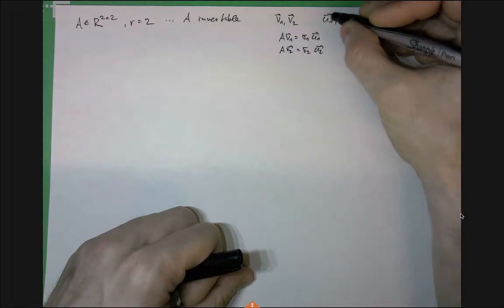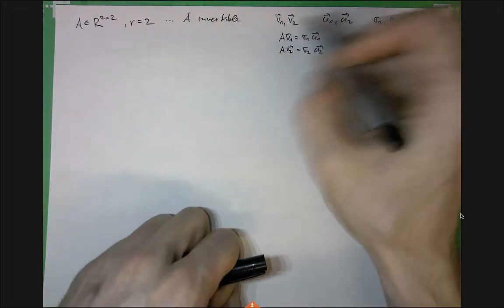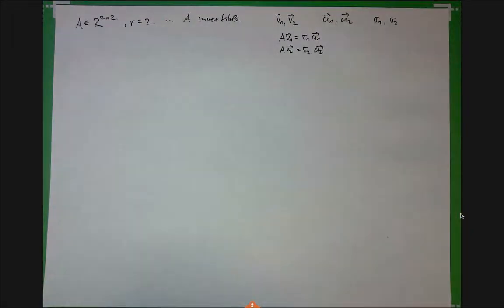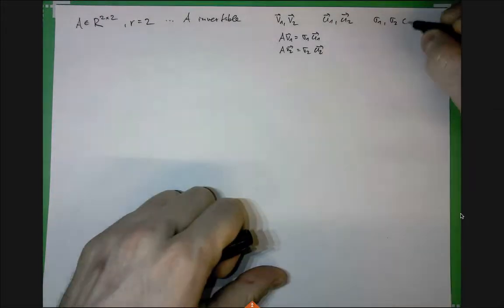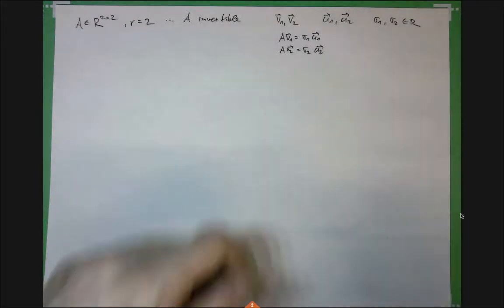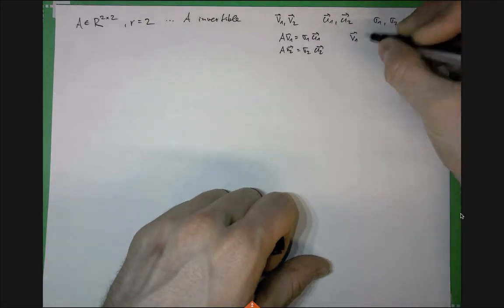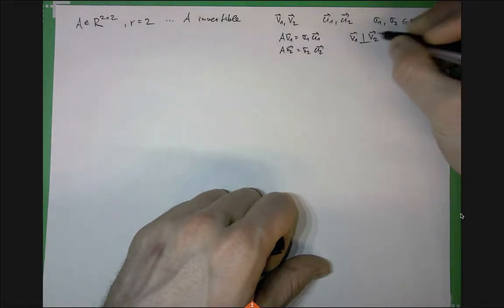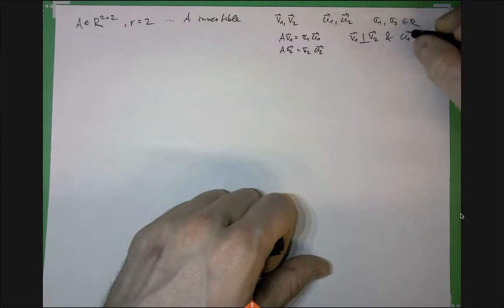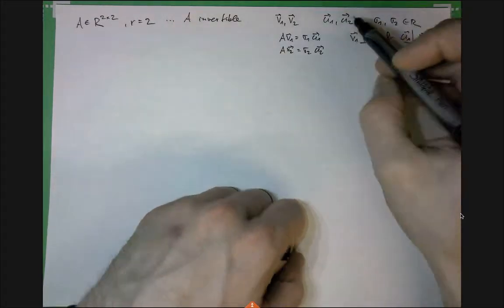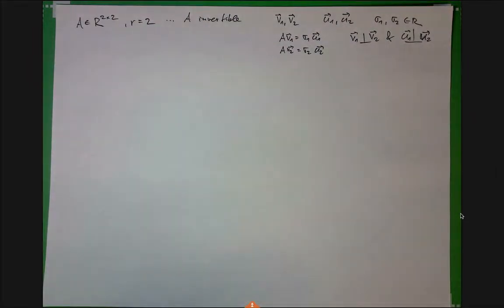Now this is all simple because they are all just 2x1 vectors, and those are just scalars. And what I want is that V1 is orthogonal to V2 and U1 is orthogonal to U2. Right? I was saying that I want these matrices to be orthonormal.